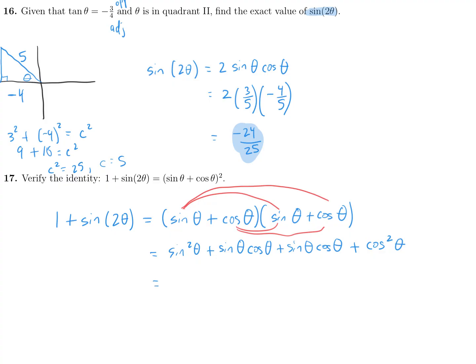All right, we can combine these like terms. As you can see, these two middle terms are like terms, so we can add their coefficients. 1 plus 1 is 2. So we're going to have 2 sine cosine theta.